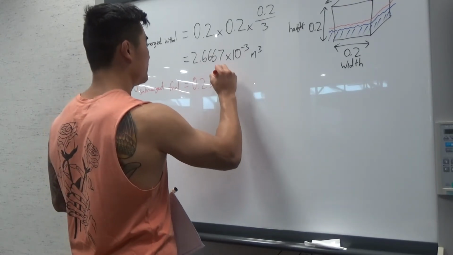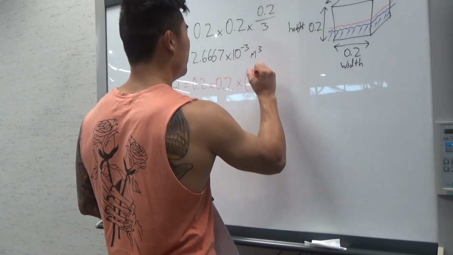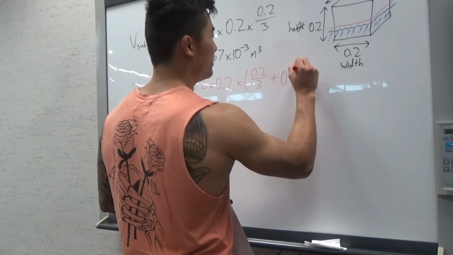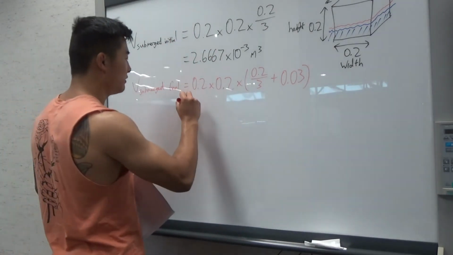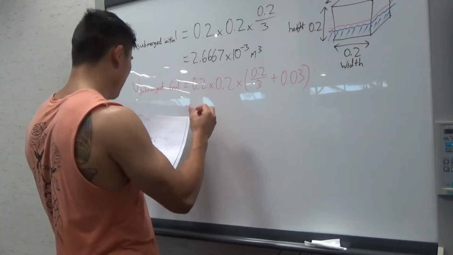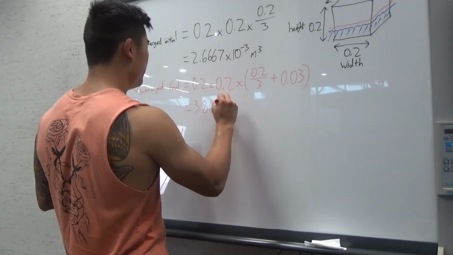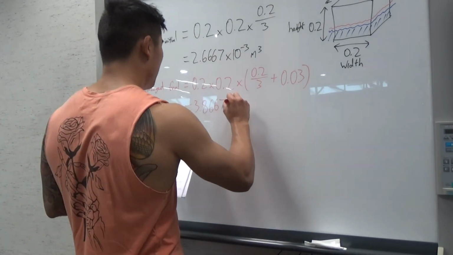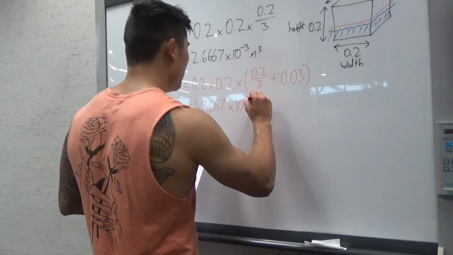So 0.2 times 0.2 times, but now this time it's 0.2 divided by 3 plus 3 centimeters, which is 0.03 meters. Okay, so that will give you 0.0038666666, and we'll write that as 3.8667. Round that to the, because it's 6, it'll round up, times 10 to the negative 3, because it's less than 1 and we've got 3 zeros, meters cubed.